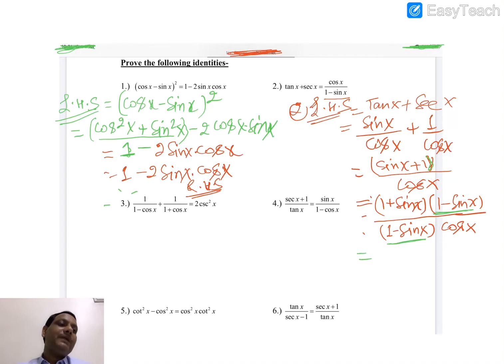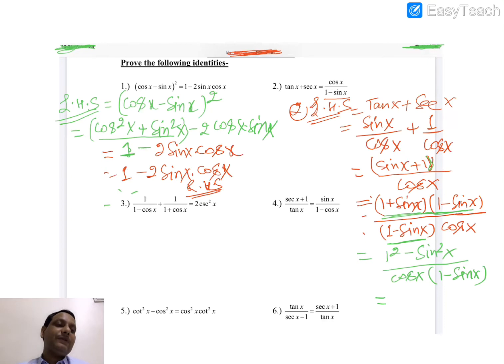I am implementing that formula here, and I get 1 square minus sin square x over cos x, 1 minus sin x.